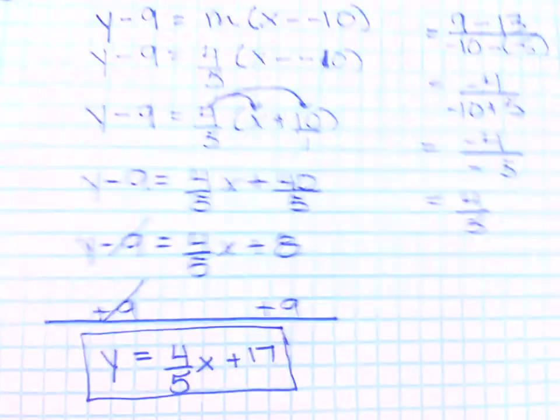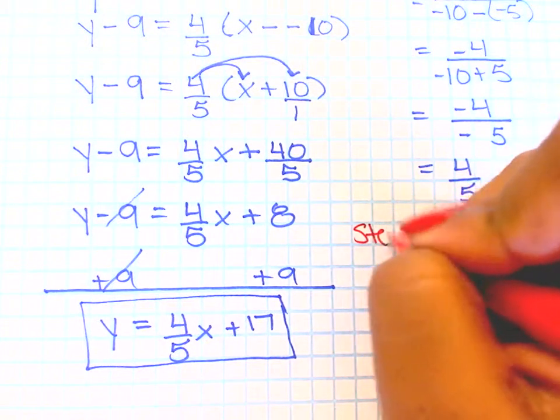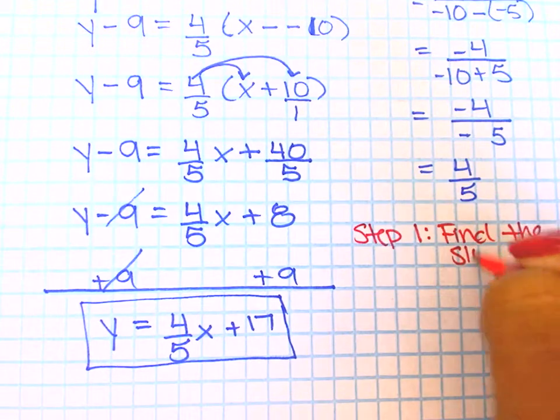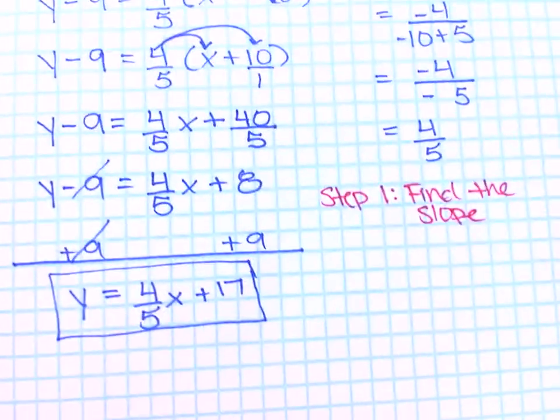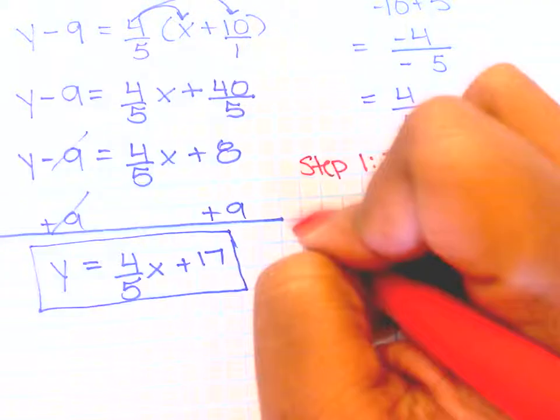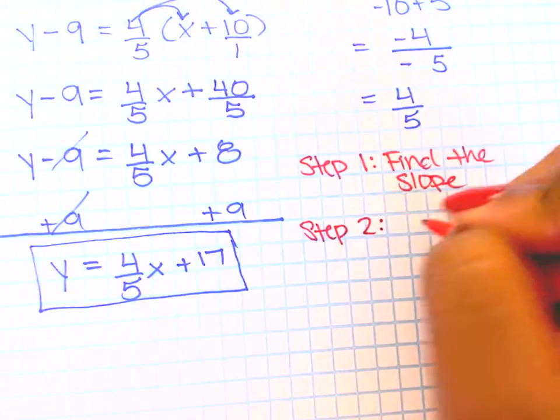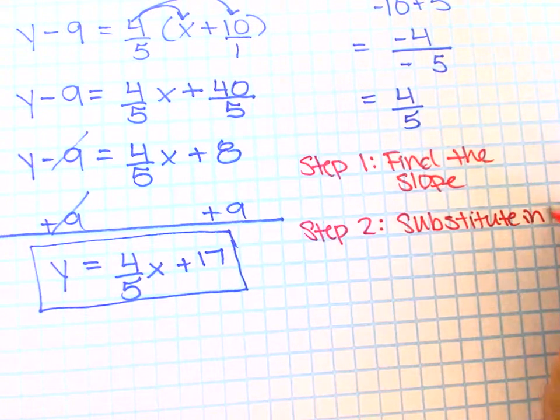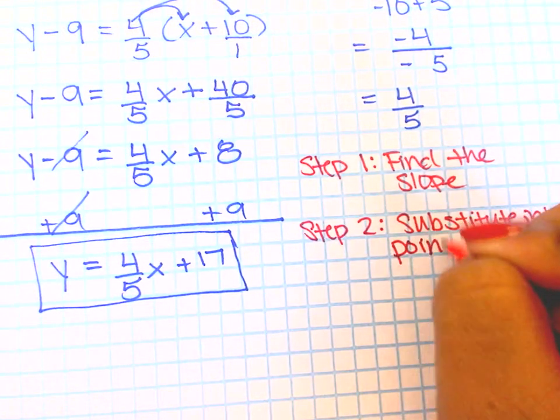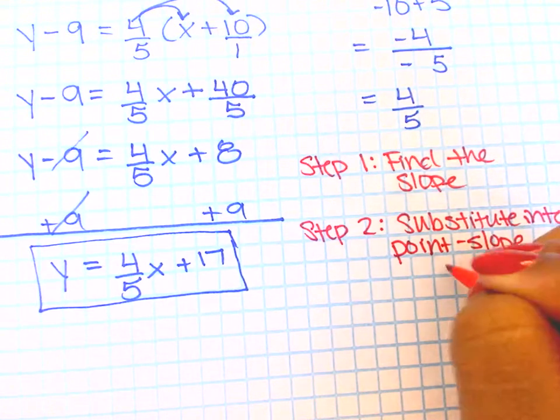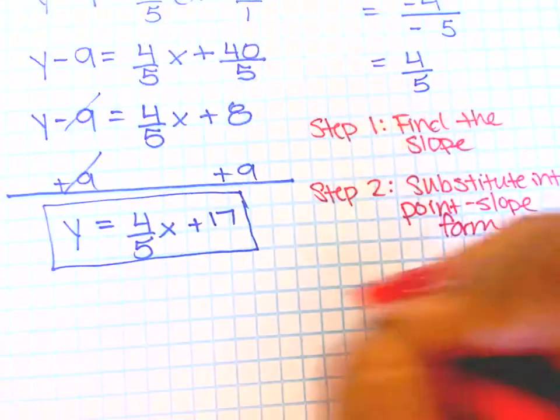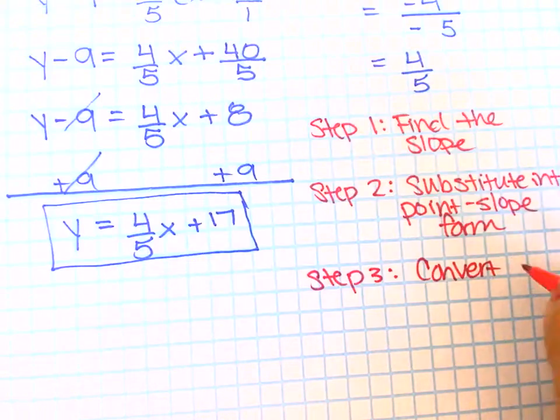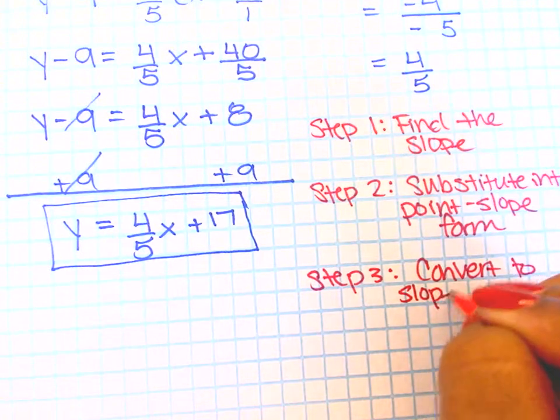So there's a couple of steps here. Step 1, we needed to find the slope. Step 2, we needed to substitute into point slope form. And then lastly, we needed to convert to slope-intercept form.